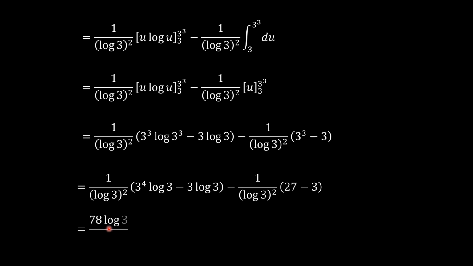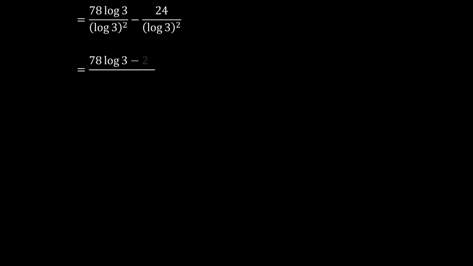So we have 78 log 3 over log 3 squared minus 24 over log 3 squared. So our answer quickly just becomes 78 times log 3 minus 24 over log 3 squared.